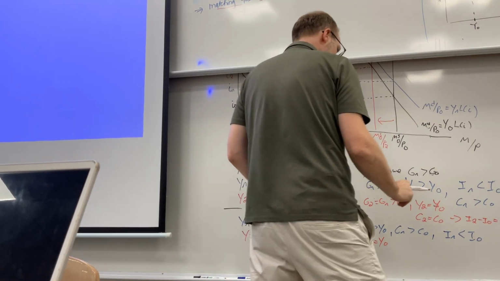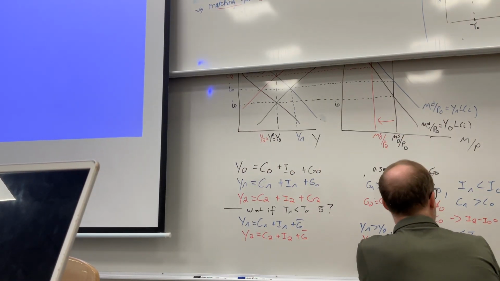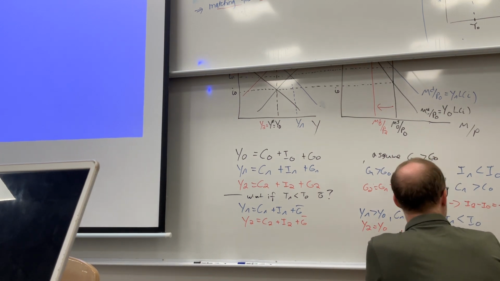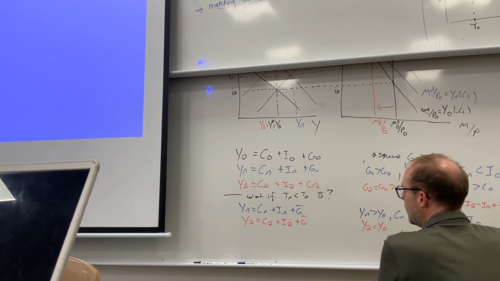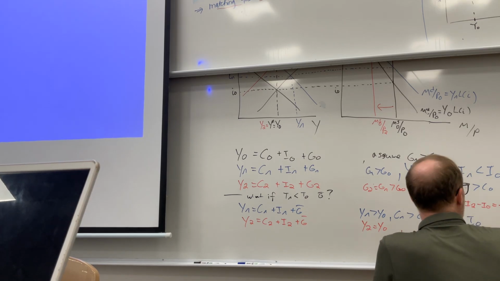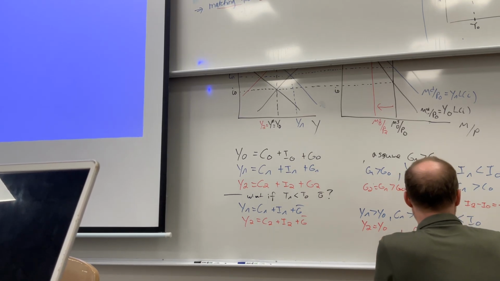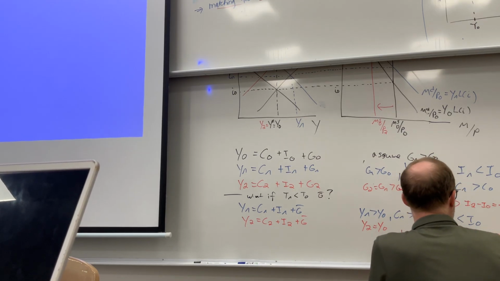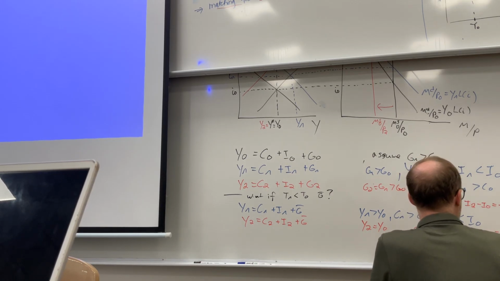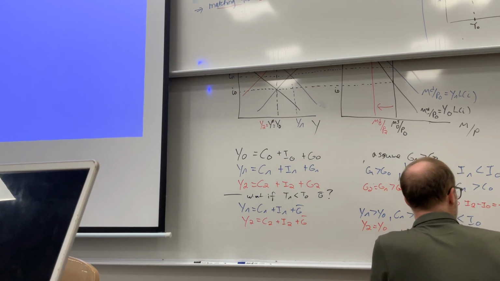If we look at consumption, C2 equals C of the original Y0 minus T1, and C0 is C of Y0 minus T0.